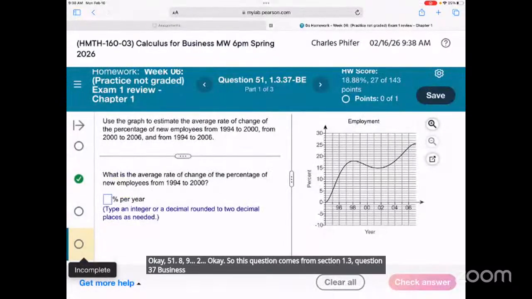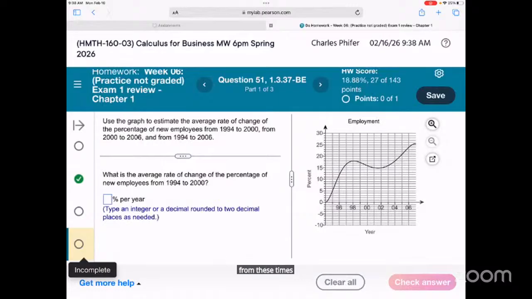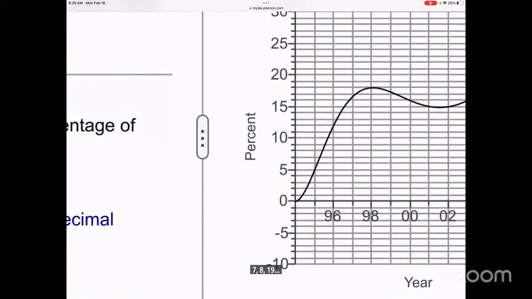Use the graph to estimate the average rate of change from these times. So 1994 to 2000. So 2000 looks like it's 16%.